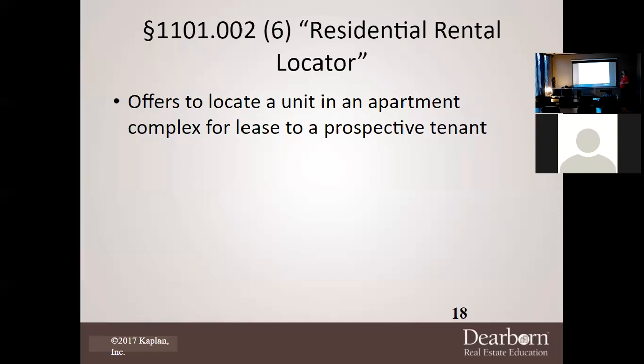Do these individuals represent people in buying and purchasing homes? No. What's their sole intent? Find prospective tenants for leasing, and it's normally focused on apartments. So these people are not the same as a leasing agent. They focus solely on apartments only.